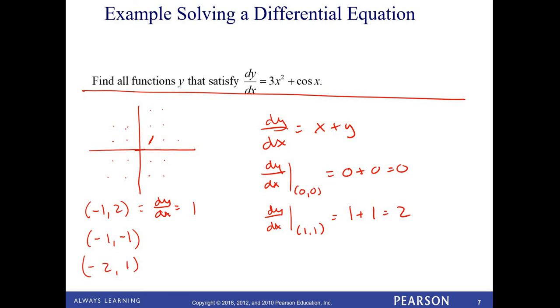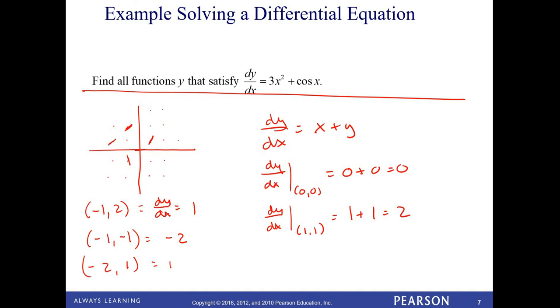So at -1, 2, my slope is 1. At -1, -1, I'm going to get -2. So at this point, again, it's going to be a steep negative. At -2, 1, we are going to have a slope of 1. So it's going to look like that.